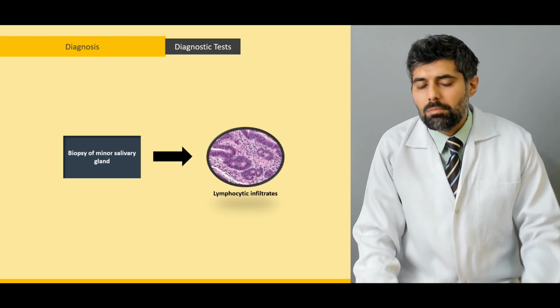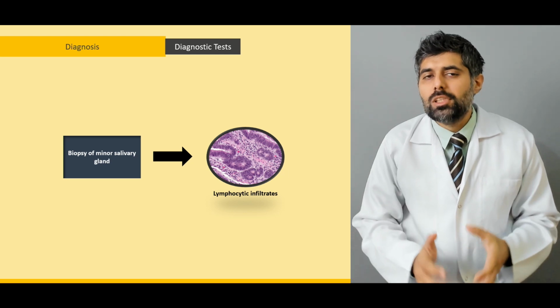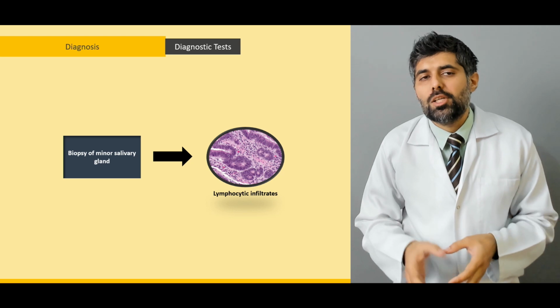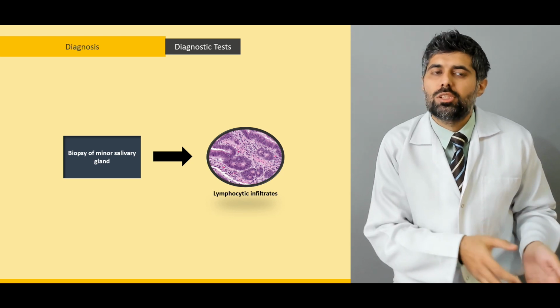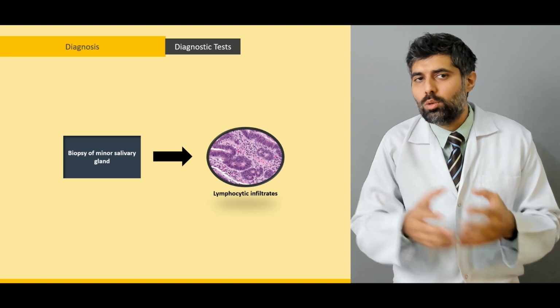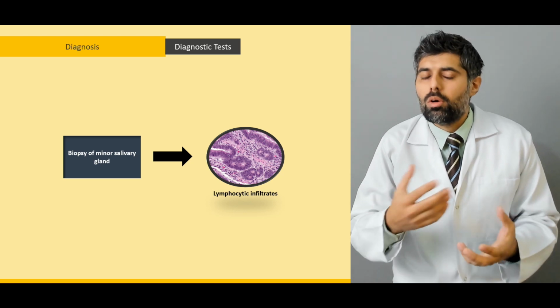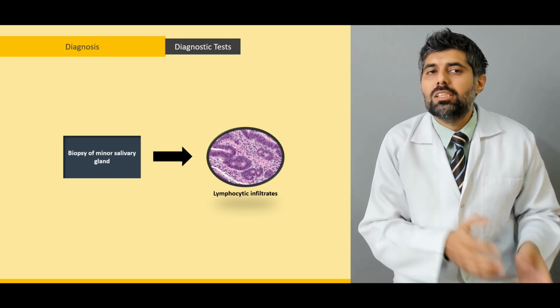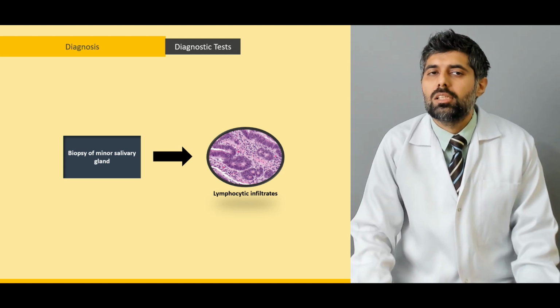And on this biopsy, if we find lymphocytic infiltration, it gives confirmation that this patient is suffering from Sjogren syndrome, as opposed to fibrosis or the infiltration of fibrocytes, which is usually found in scleroderma or systemic scleroderma.